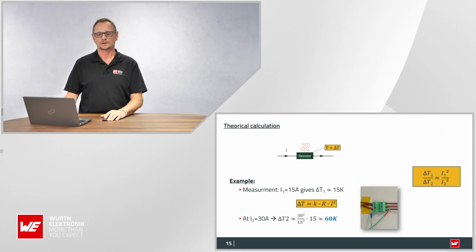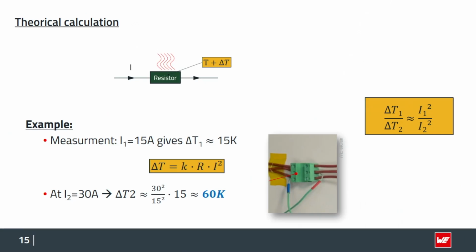This means we're looking at a system where we do a measurement on E1 here given at 15 amps, and we find out the temperature rise. The delta T is 15K. So if we then want to calculate another type of disconnector, another polarity, then we can easily calculate this. And also, if we want to raise the current, this is the formula that you see here on the bottom.